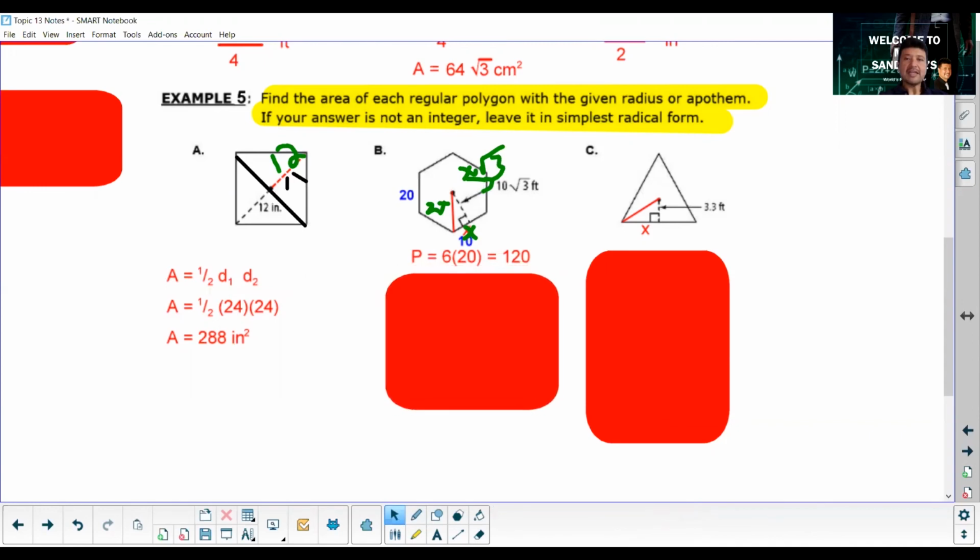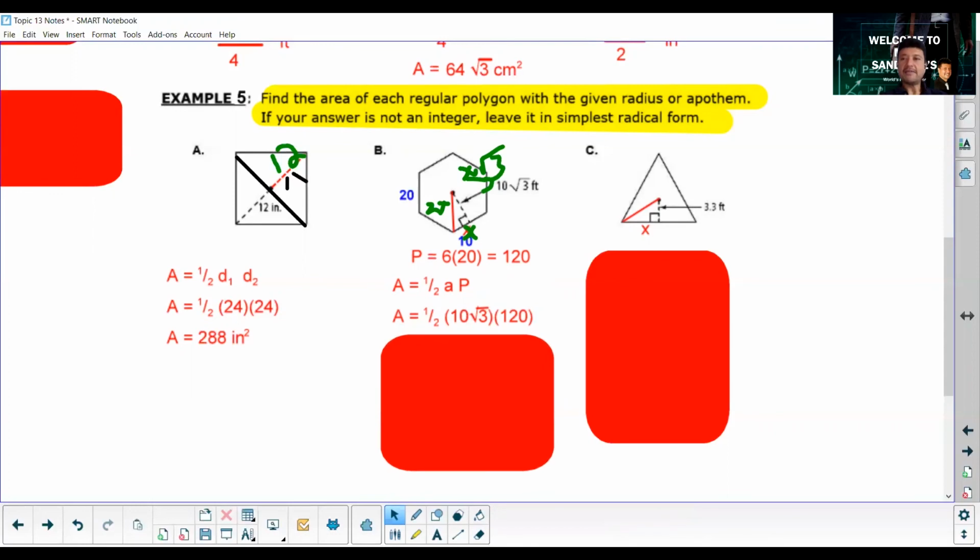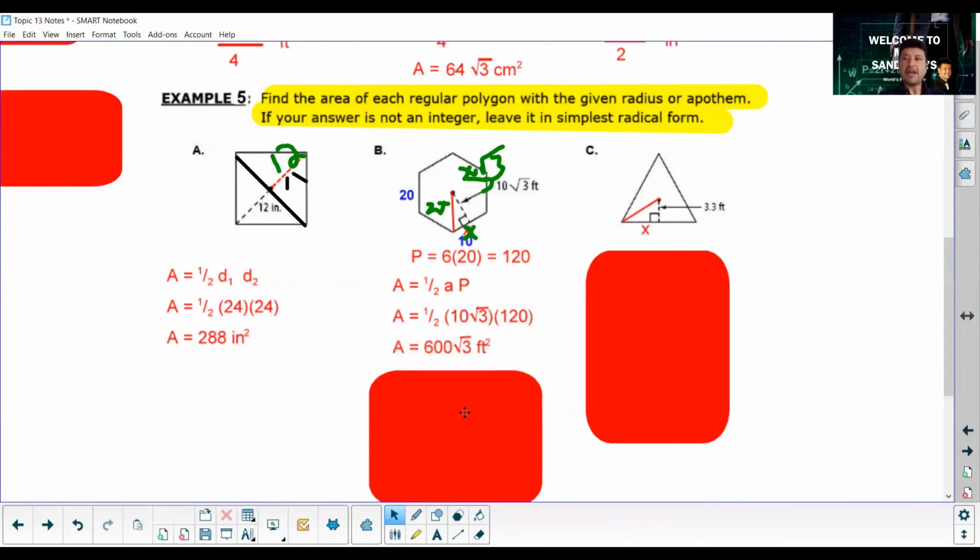Since there are 6 sides, we do 6 times 20, and the perimeter is 120. Then we use 1/2 apothem times perimeter. So we'll have 1/2 times 10 square root of 3 times 120. My end result is 600 square root of 3.